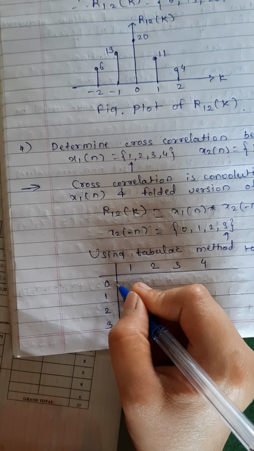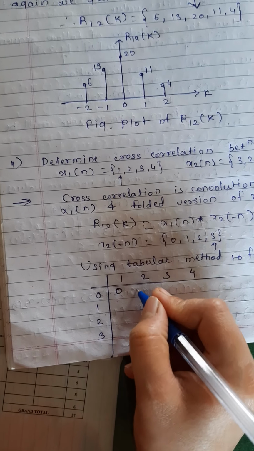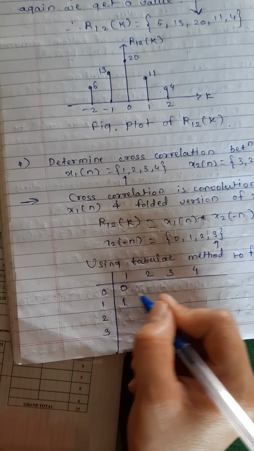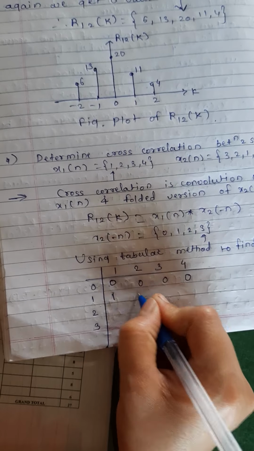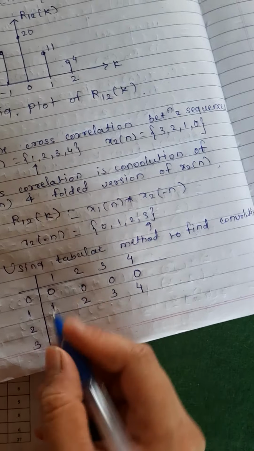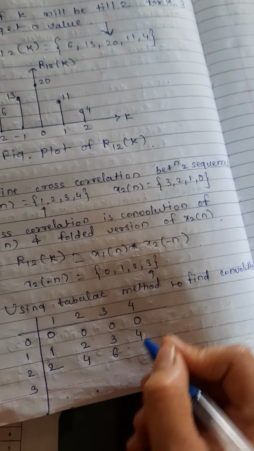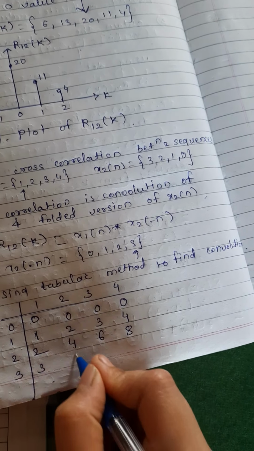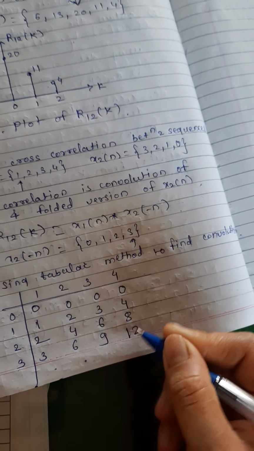So 0 into 1 is 0, and these values are 0, 2, 3, 4. 2 into 1 is 2, 4, 6, 8, and here 3, 2 into 3 is 6, 9, and 3 into 4 is 12.